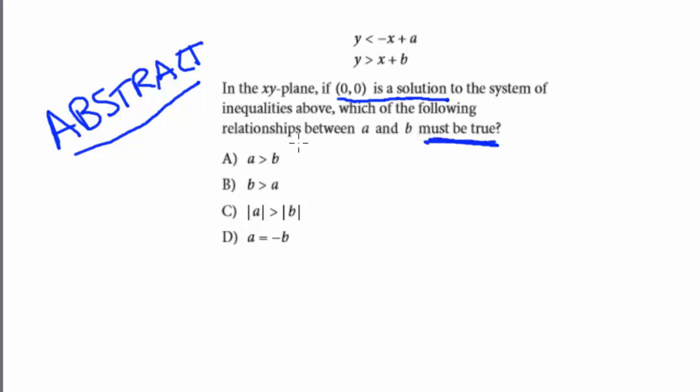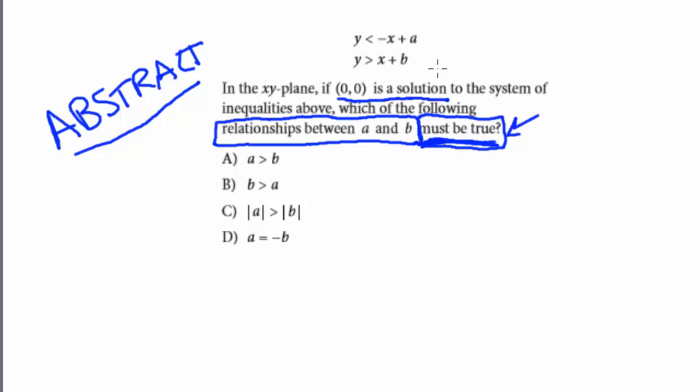The question is asking about relationships between A and B, and it's really important that they must be true. It could be that they are true, but must be true means there's no way they could be false. There's no possibility.